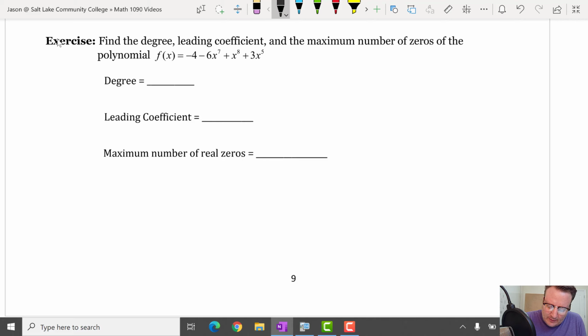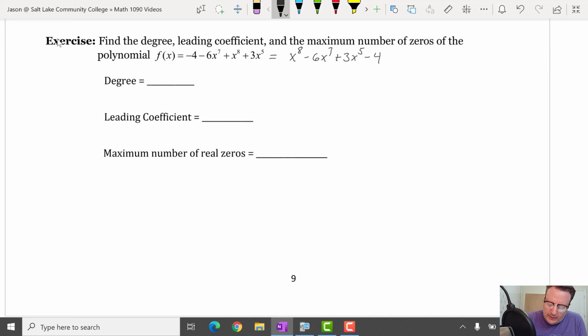We can fix that, though, because the leading term should be the term with the highest power, in this case 8. So the leading term should be x to the 8th, followed by minus 6x to the 7th, followed by positive 3x to the fifth, followed by the constant term minus 4.